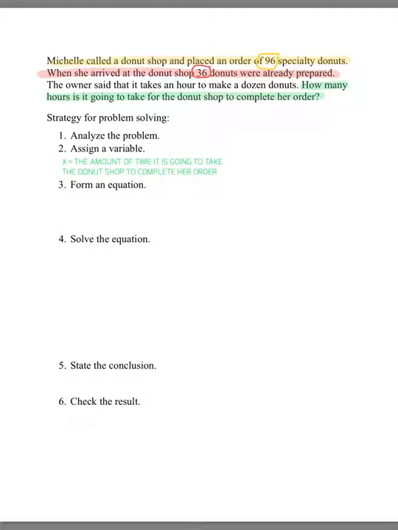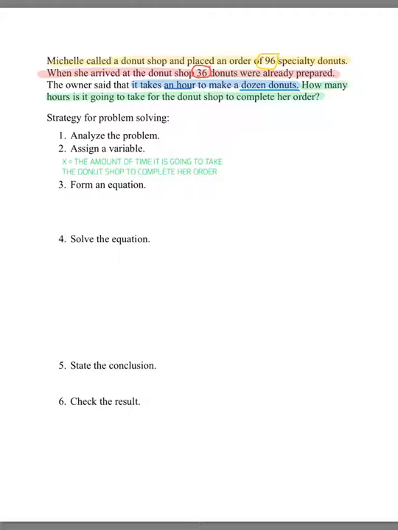So there's a few donuts left over that are still left to make, and the owner tells her that it takes an hour to make a dozen donuts. So in 1 hour, a dozen donuts, or 12 donuts, will be made.